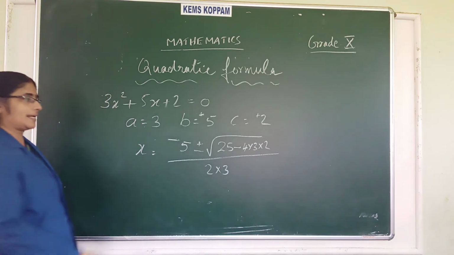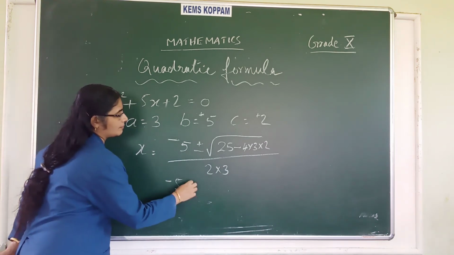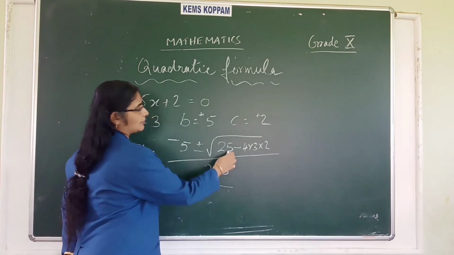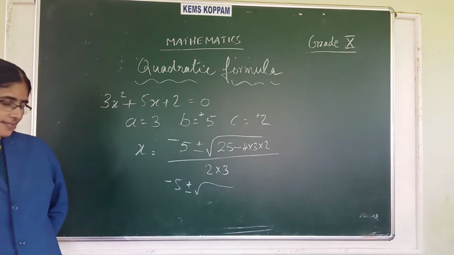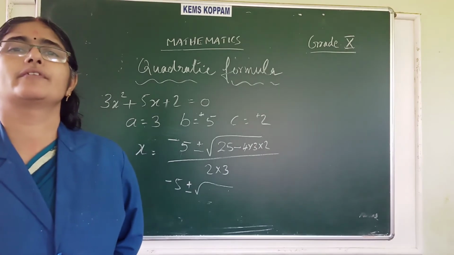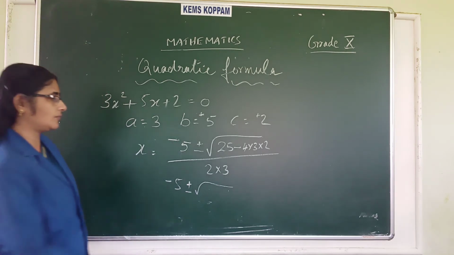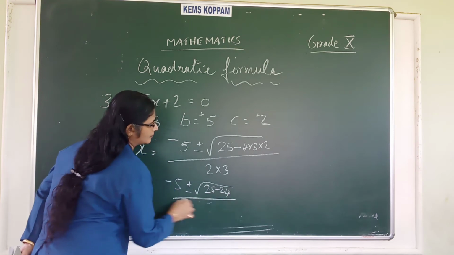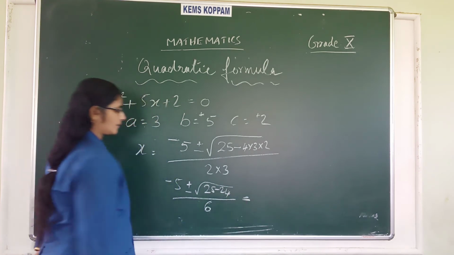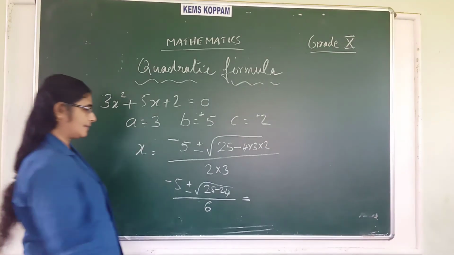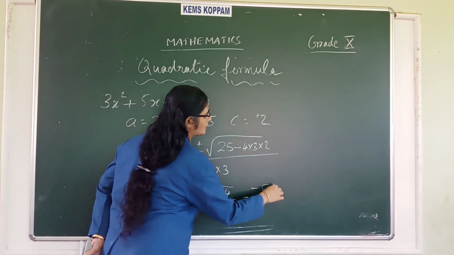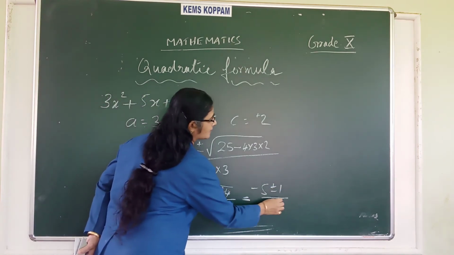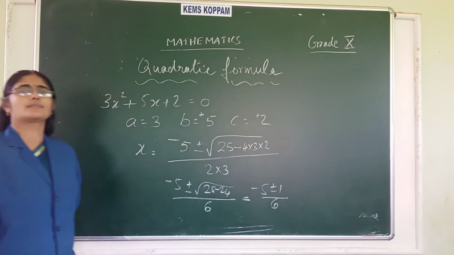What is the solution? 5 plus or minus root of 25 minus 24, which is 1, divided by 6.